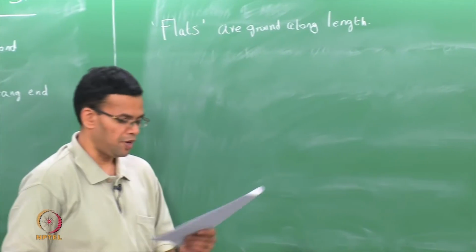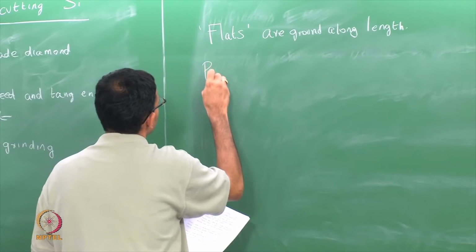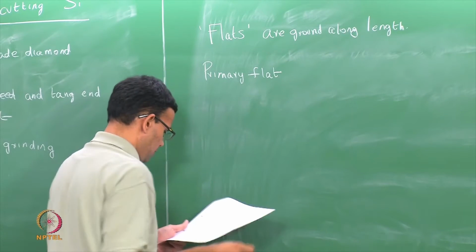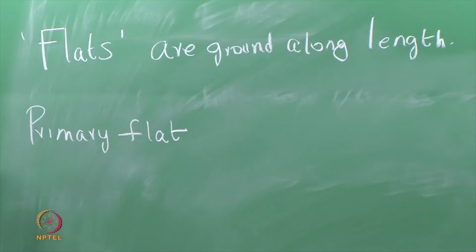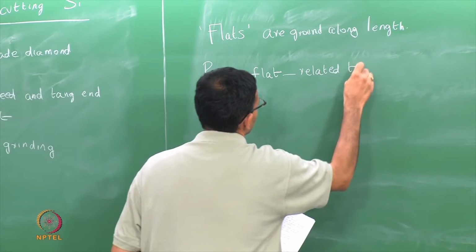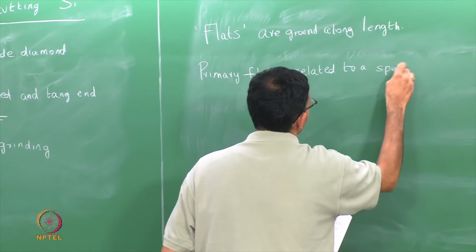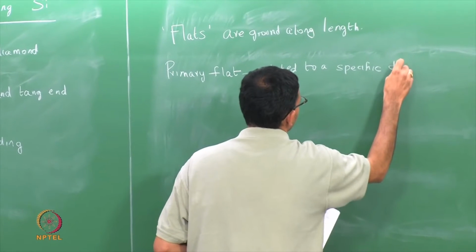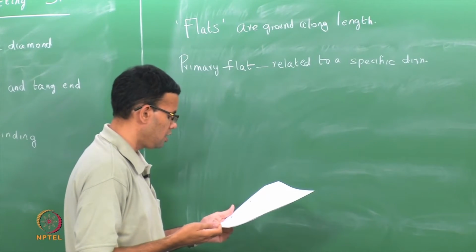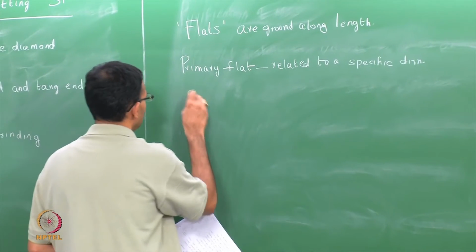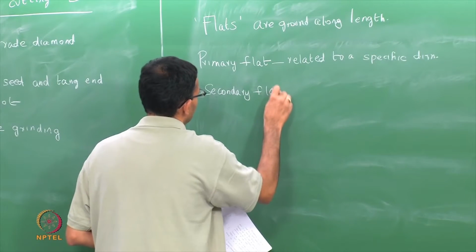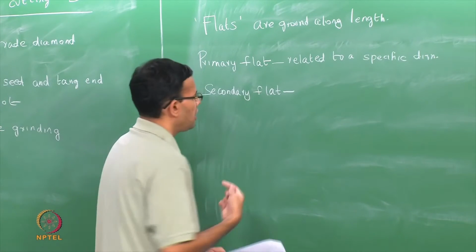There is something called a primary flat, which is related to a specific crystal direction. This is usually located by using X-rays. You also grind a secondary flat, primarily for identification purposes.